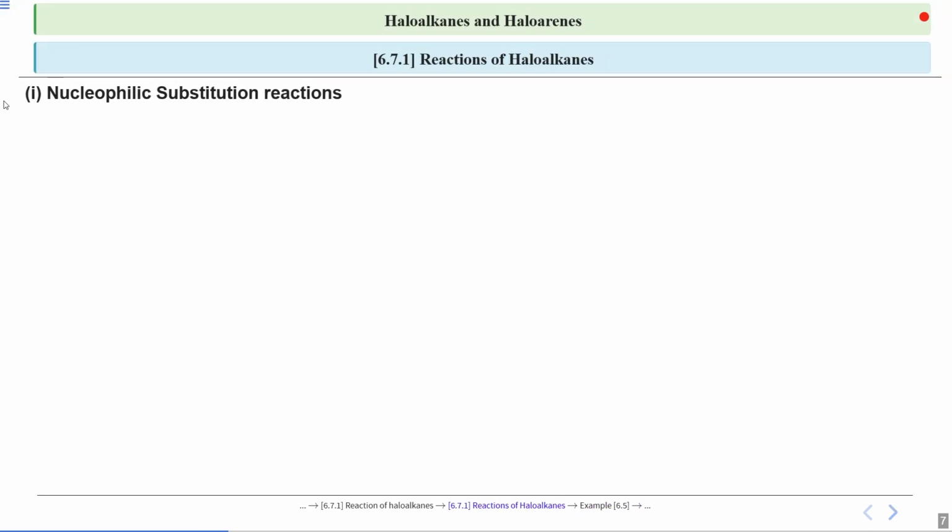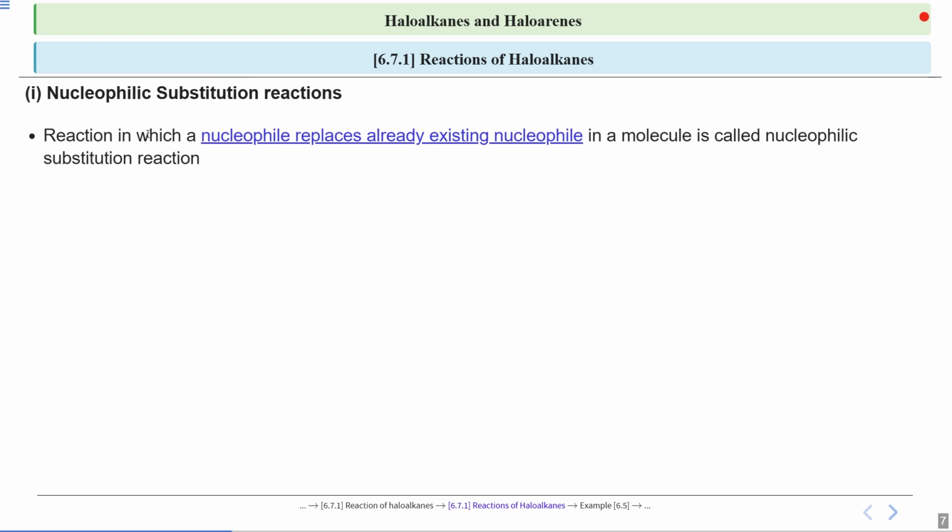So let's study in detail the first category, that is nucleophilic substitution reactions shown by haloalkanes. Reaction in which a nucleophile replaces an already existing nucleophile in a molecule is called nucleophilic substitution reaction. So a reaction where there is a molecule in which there is an already existing nucleophile which is going to be replaced by another nucleophile.